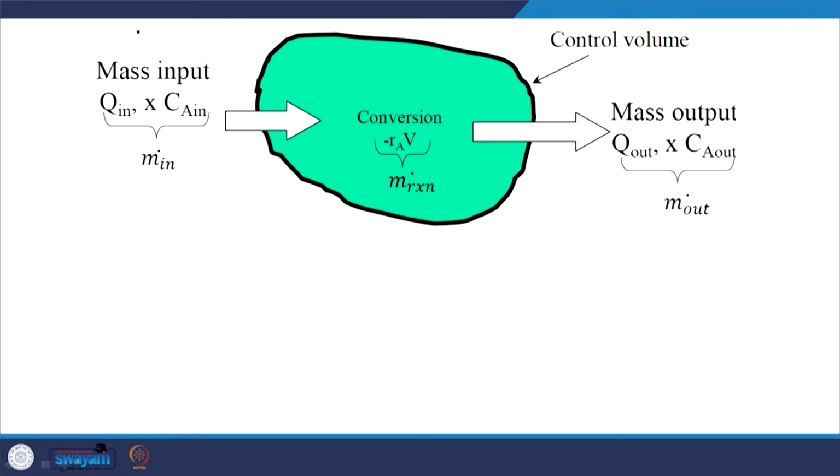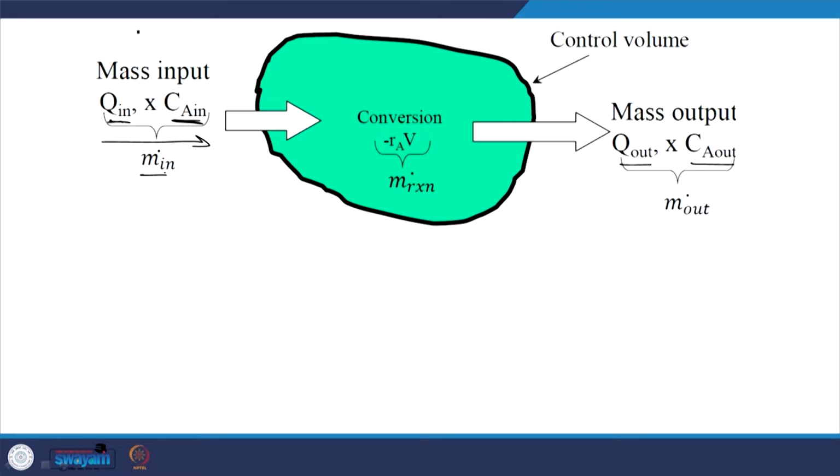We looked at the fundamental mass balance equation. So, here we have the control volume, and what do we have? If this is my wastewater treatment plant's reactor, I have mass coming in due to flow Q in and the concentration of the compound in that input flow, and similarly flow out and the compound going out along with that flow.